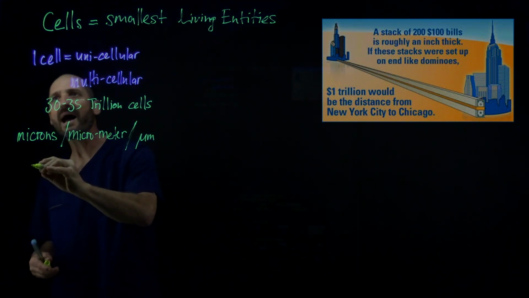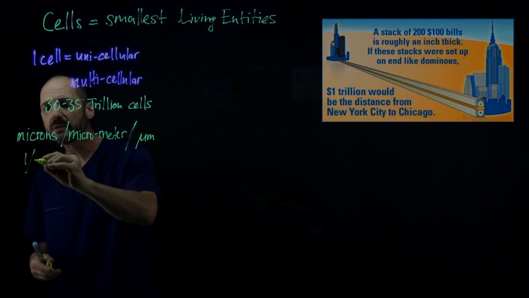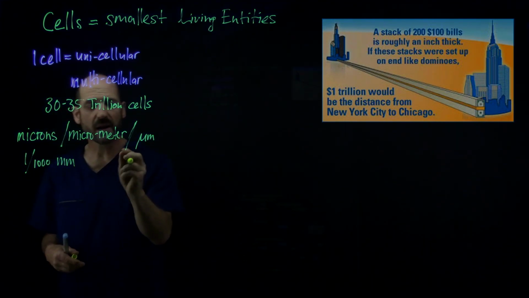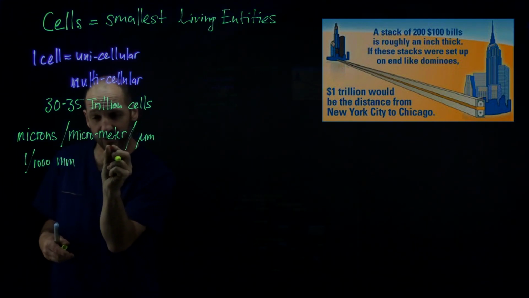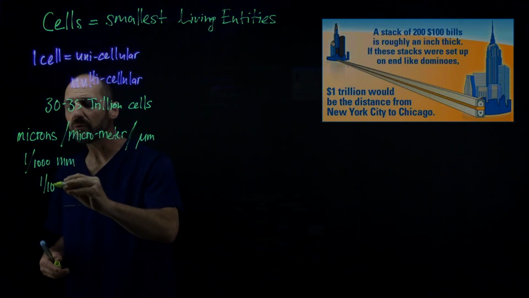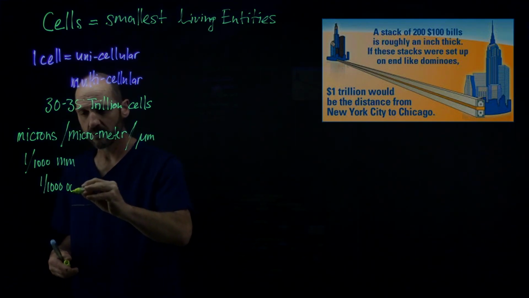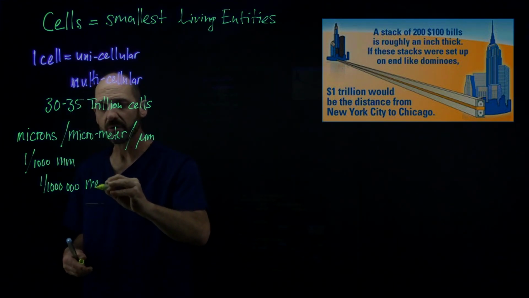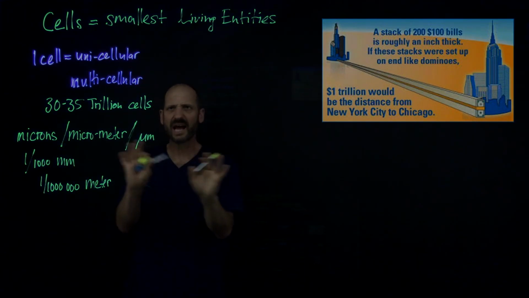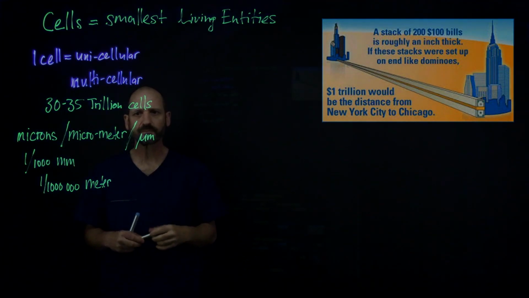And what is a micron? A micron is 1/1000th of a millimeter. And a millimeter is like this little thing here. Or it's 1/1,000,000, 6 zeros, of a meter. A meter is about this much. So that's very small.